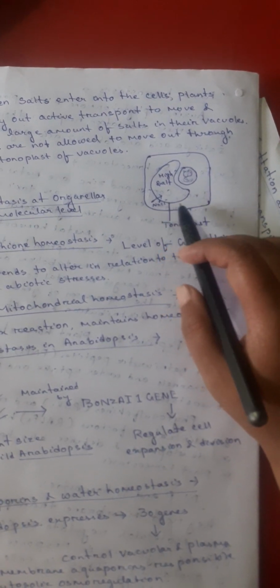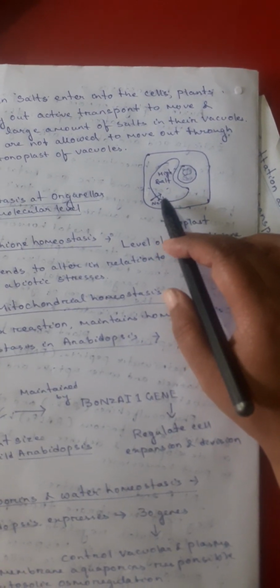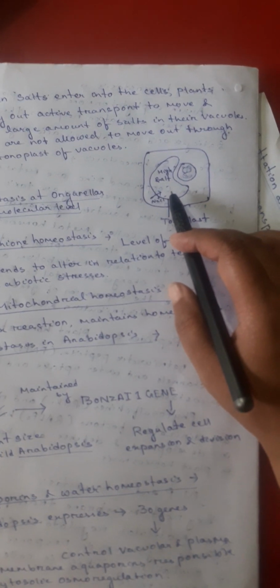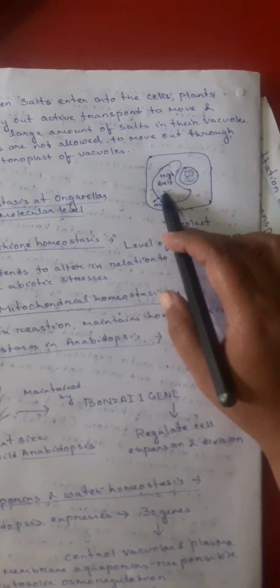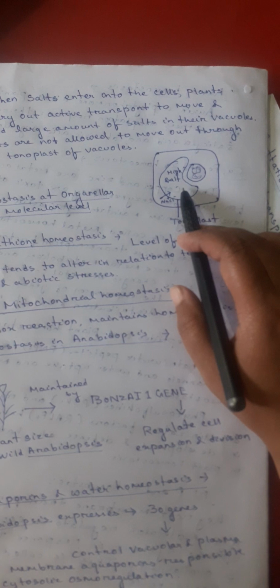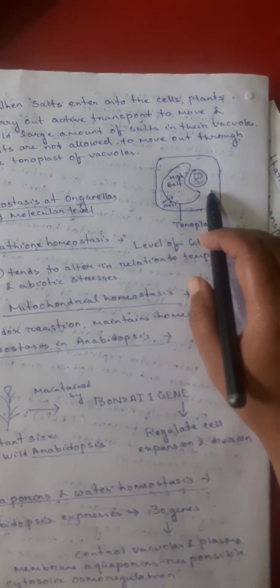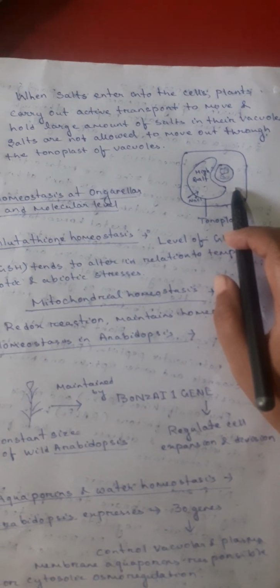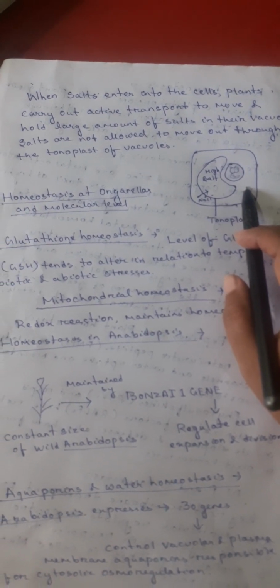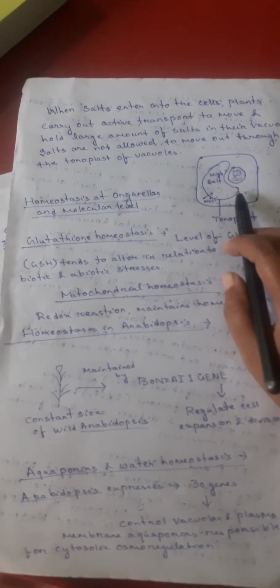NaCl, after entering inside the cell, is forced inside the vacuole where it is stored. The high salt concentration is maintained inside the vacuole and it is not allowed to move out of the tonoplast into the cell, thereby maintaining the homeostasis of the cell.